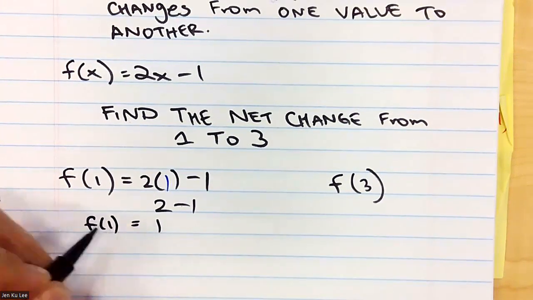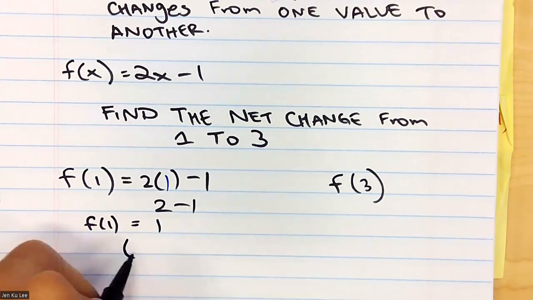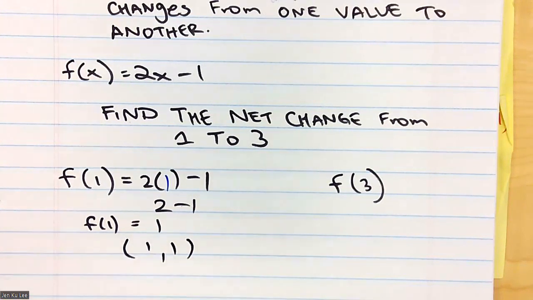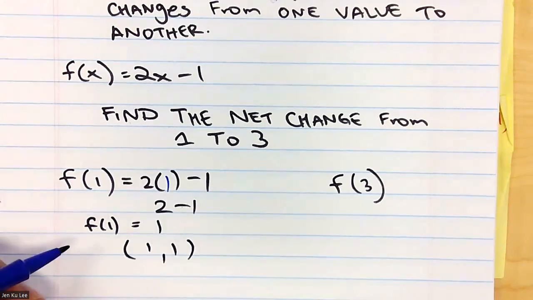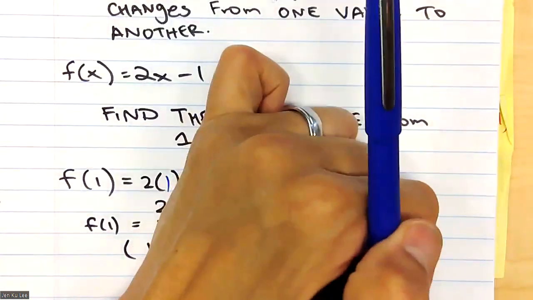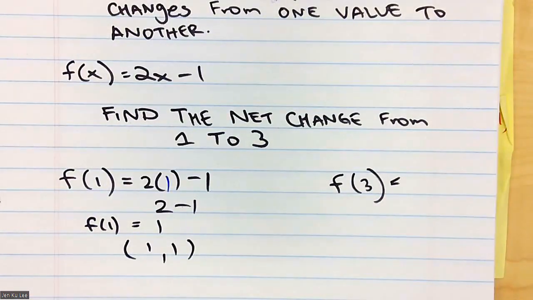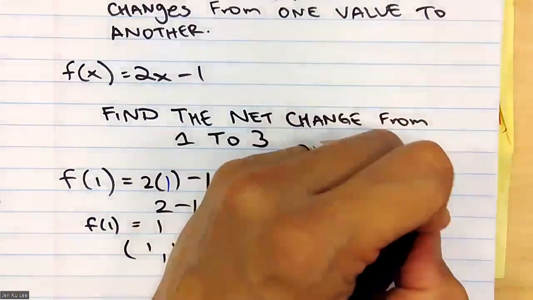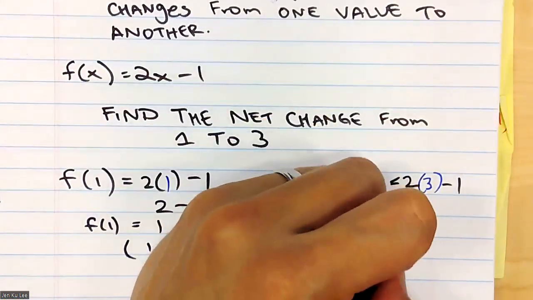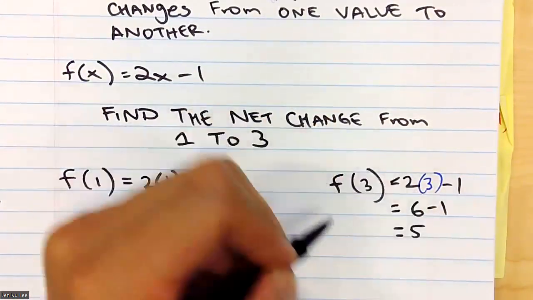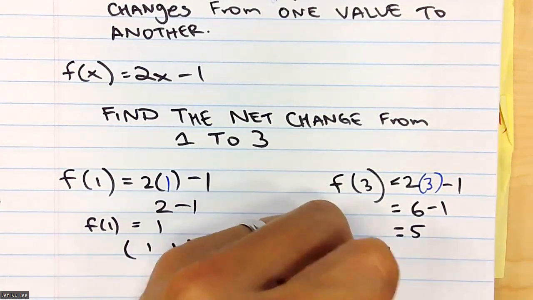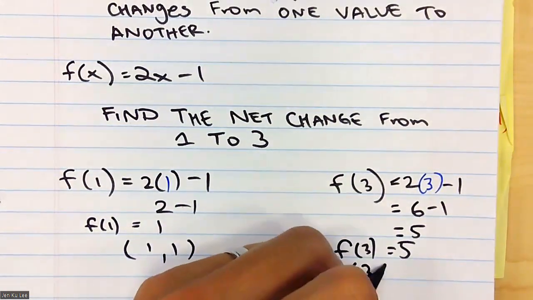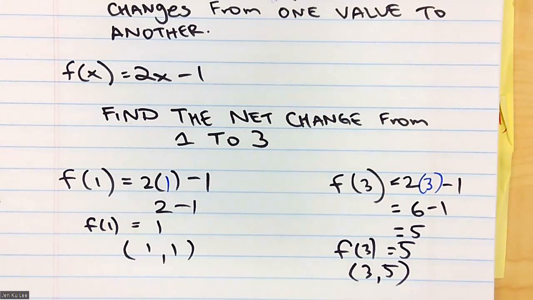So f of 1 is 1, and the coordinate will be 1 comma 1. F of 3 would equal 2 times 3 minus 1, which is 6 minus 1, which is 5. So f of 3 equals 5, so it's 3 comma 5.